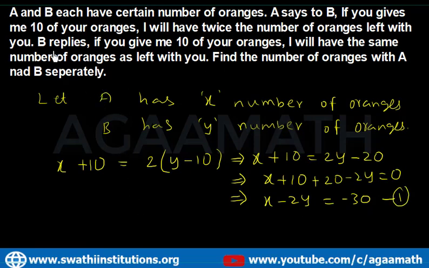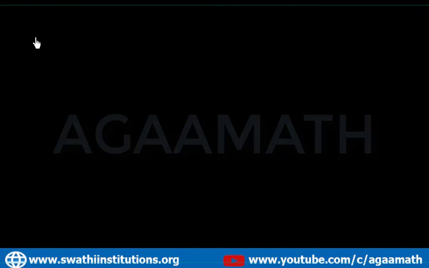Let us see equation 2. B replies, if you give me 10 of your oranges, I will have the same number of oranges as left with you. Based on the second condition, A has x oranges and B has y oranges.